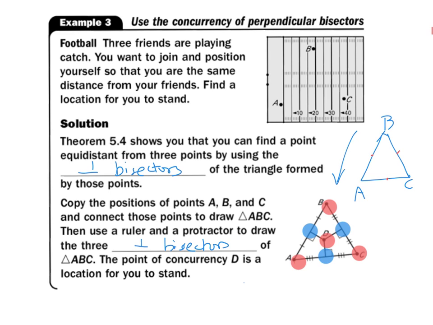And then from your midpoint, you draw your perpendicular line like that. And where these three perpendicular lines meet, that's point D. That's where you want to stand. And at point D, you'll be of equal distance to all three of your friends. You are the center of attention right there. Okay? All right, good luck, guys.